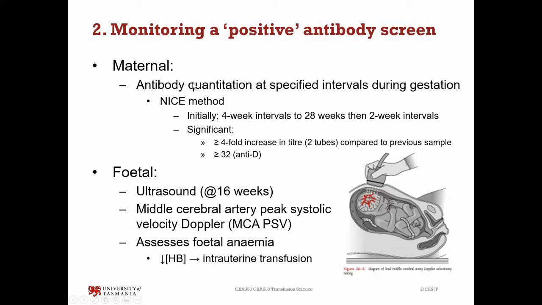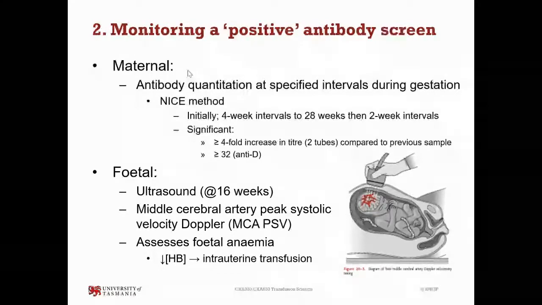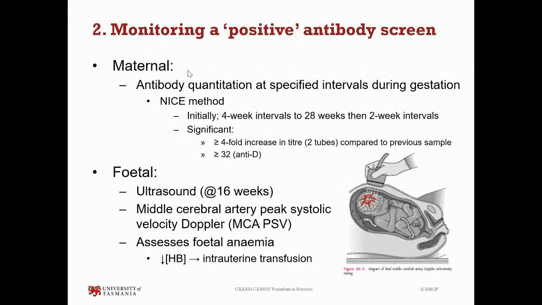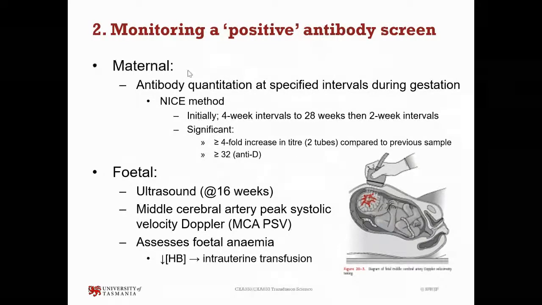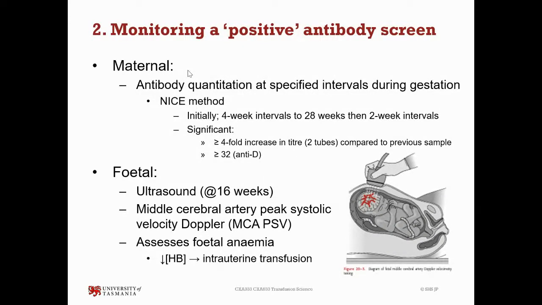So not only do we do it at baseline when we first identify that the mother has got an antibody, but the mother is then monitored throughout the pregnancy to see if that antibody concentration increases. And so we notice an increase in the antibody concentration by an increase in the titer.